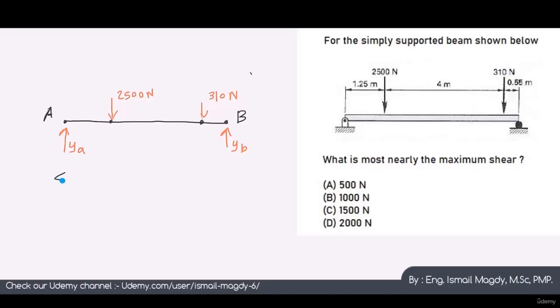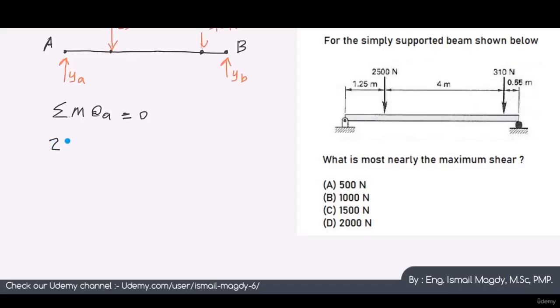So let's start by calculating sigma moment at point A, which will equal to 0. We have the 2500 multiplied by the 1.25, which is the distance, plus 310 multiplied by 5.25.